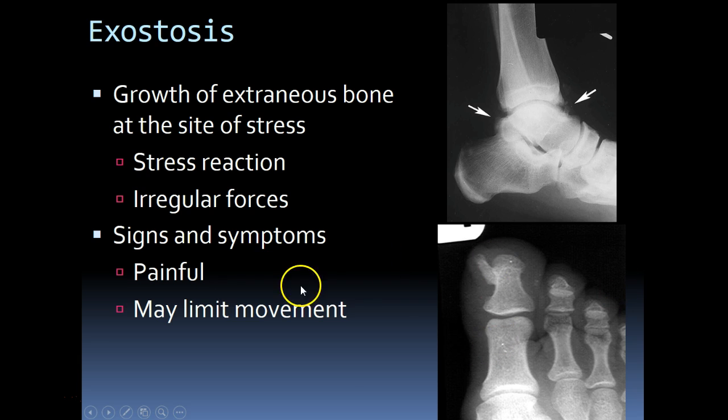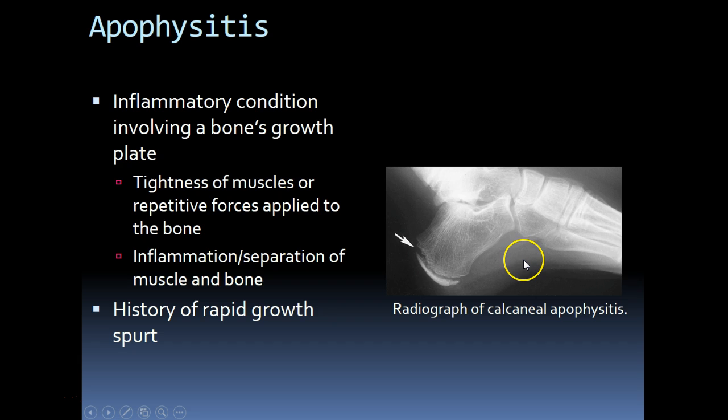And so it becomes very painful, and if it occurs in a joint, it will absolutely limit motion as well. So what's exostosis? Major growth of a bone in a high stress region. Most often you see an exostosis in the ankle joint, and then you also see it in the first ray, and that's because sometimes the first ray will rub up against, let's say, a tight shoe.